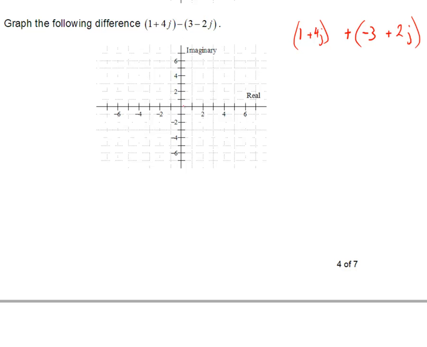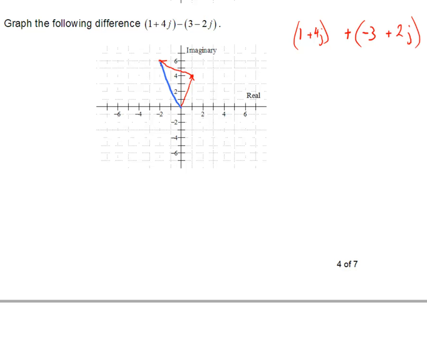And if we go ahead and do that, we end up with 1 and 4 goes to here. There's our first vector. Remember, we start from here now. We're going to go -3, which will bring us back to here. 2 more up brings us to here. So here's the end point. The resultant vector I'll draw in blue again.